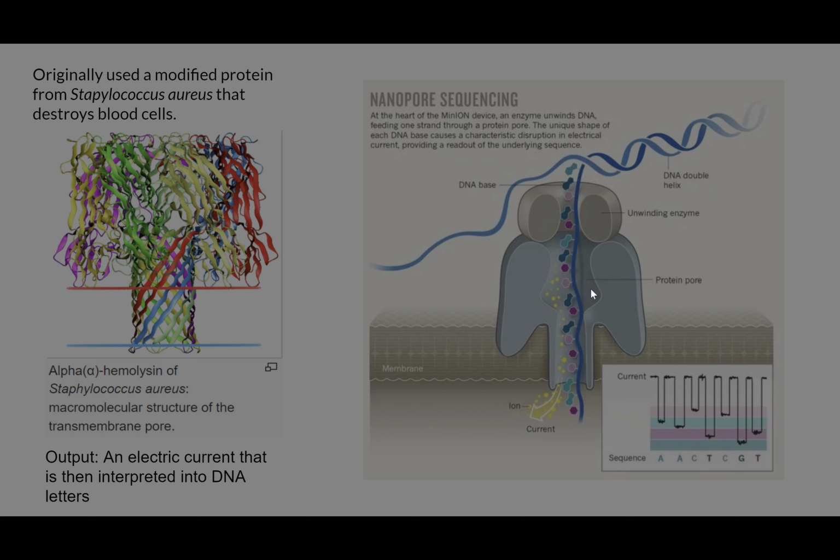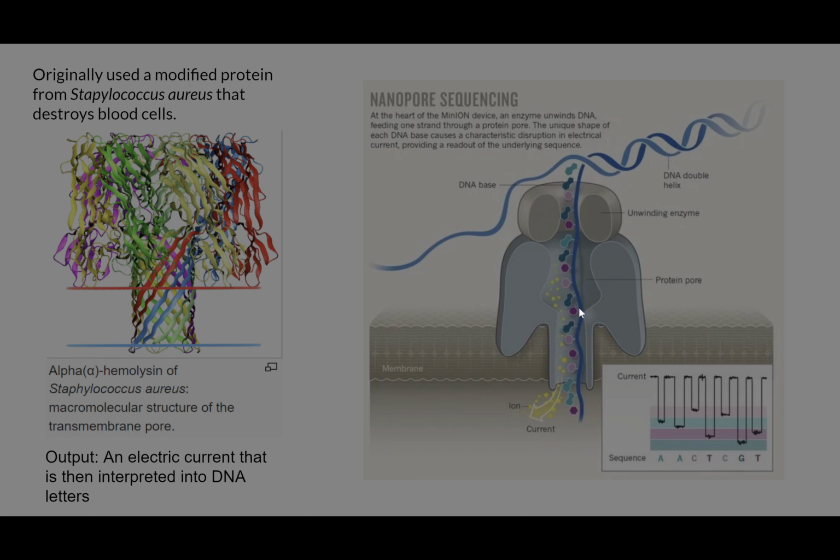And so by stuffing these pores with single-stranded DNA and shoving them through, with each DNA letter comes a different number of ions across this membrane, creating an electrical current which can be measured at the pore. So each DNA letter can carry a different amount of this current with it. And by reading that, you can sort of estimate the DNA signal.